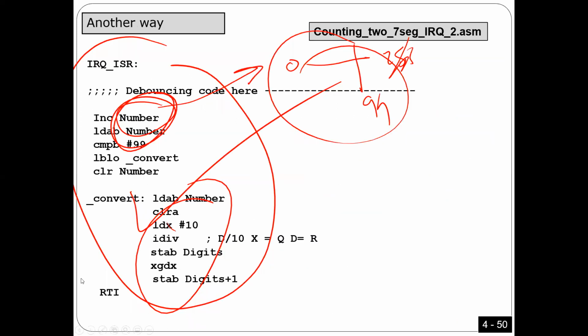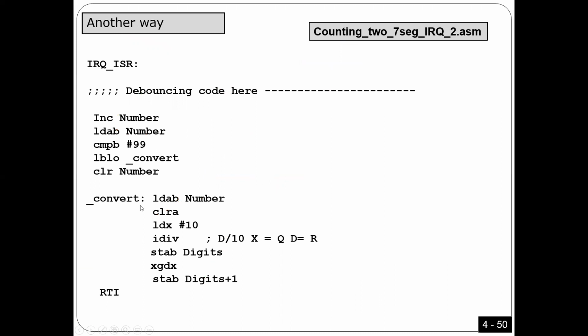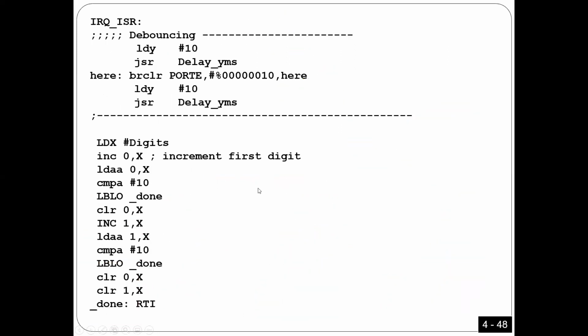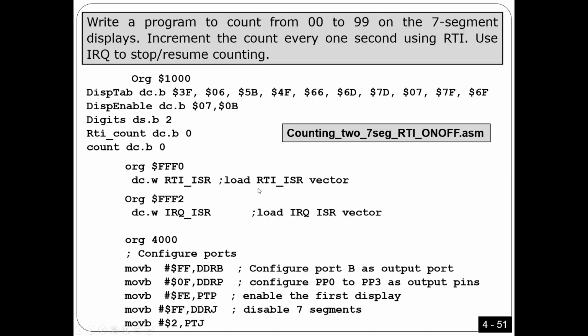Okay. Very interesting. So now I'm going to do also some interesting thing. The next program is going to be similar to this program, but look here, guys. I want a program to count from 0 to 99, incrementing the count every 1 second.